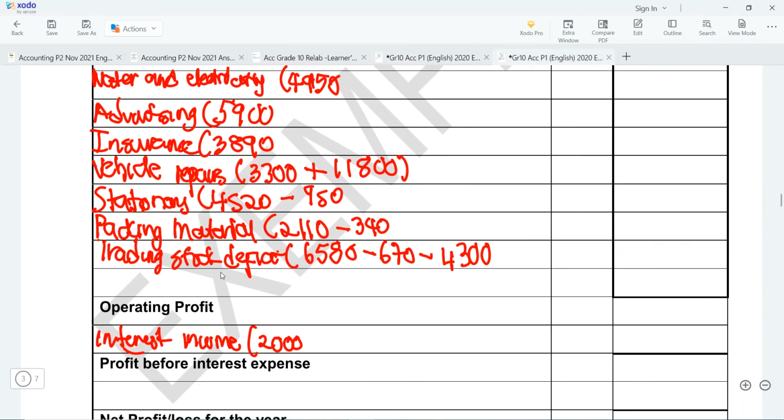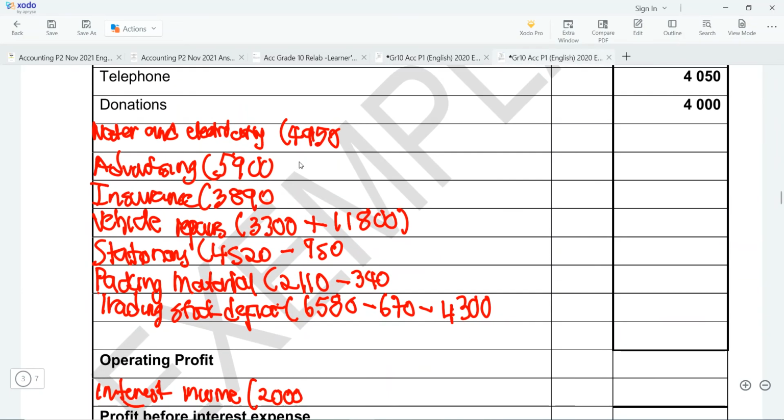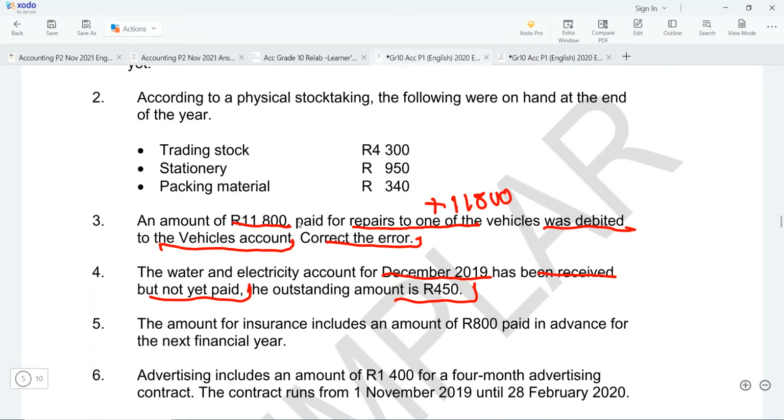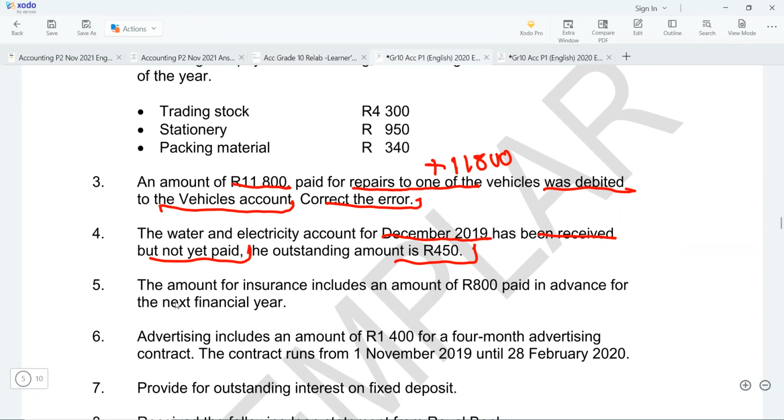Okay, the reason why we are not being paid, the amount for insurance includes paid in advance for the next year. We paid this year, but we are paying for next year.